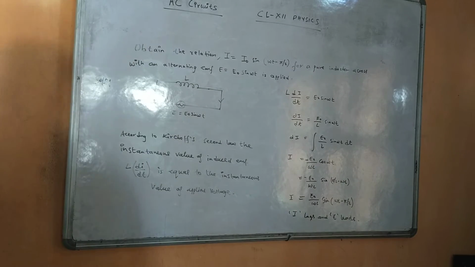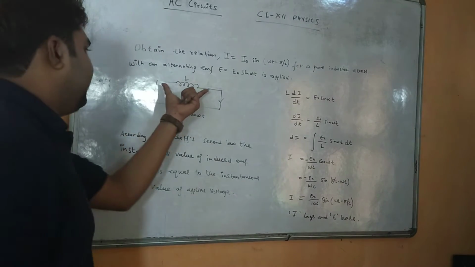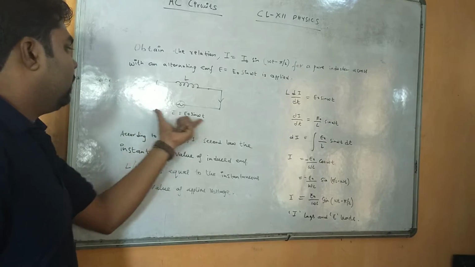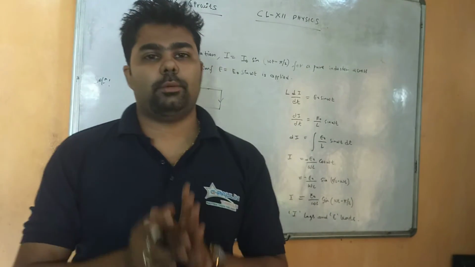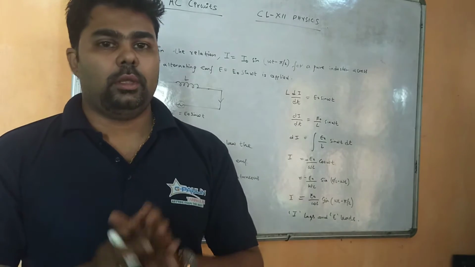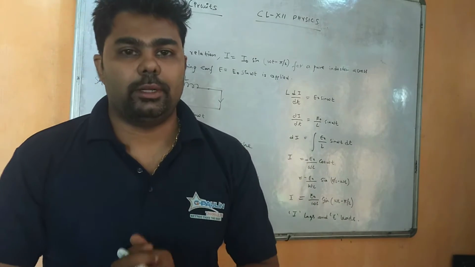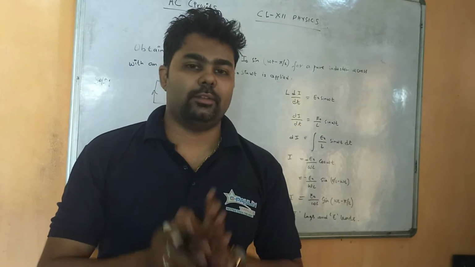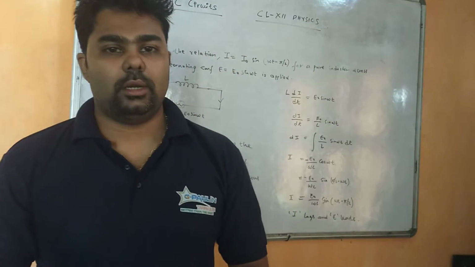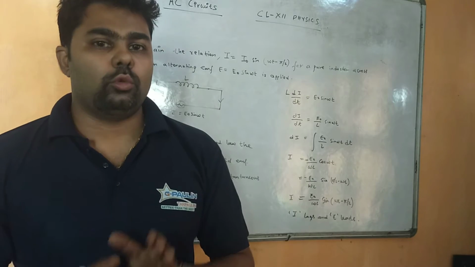Now if I consider one inductive circuit, that is L, only one coil connected with an alternating voltage. In my previous class we learned that if a purely resistive circuit is connected with an alternating voltage, then voltage and current remain in the same direction, that is, the phase difference between them is 0, right? That we represented in the form of a phasor diagram.